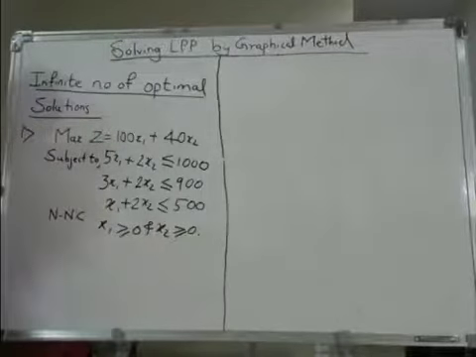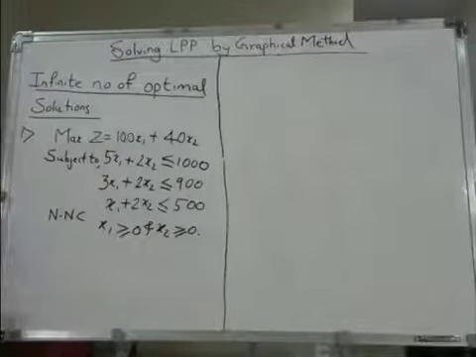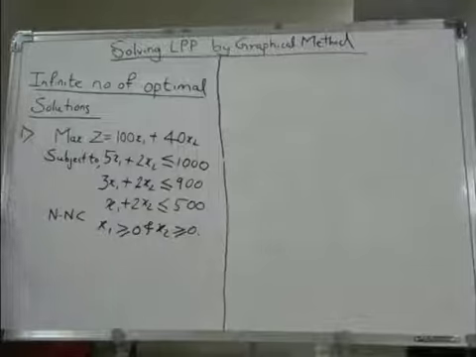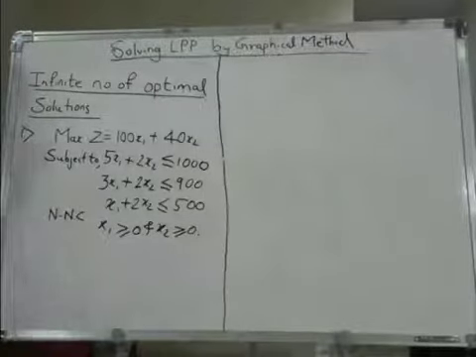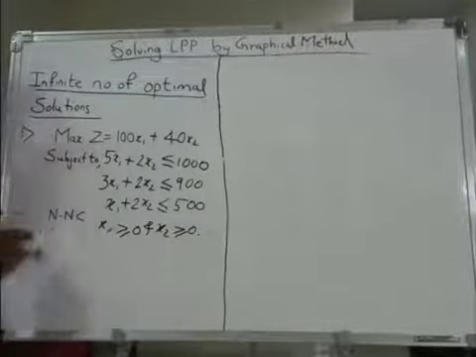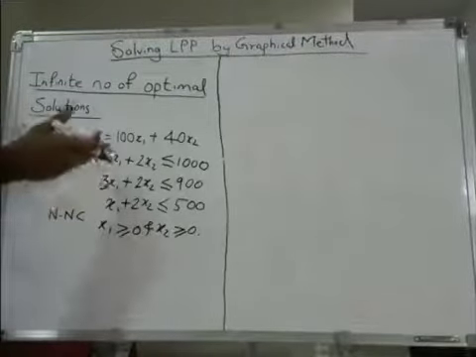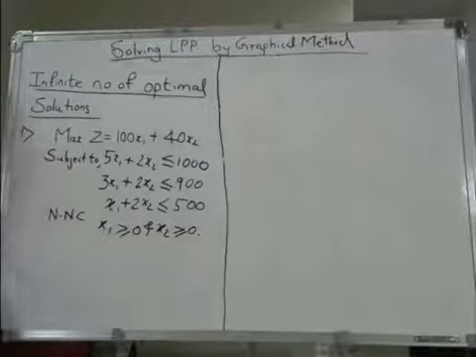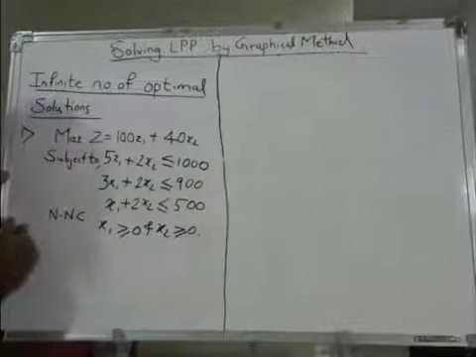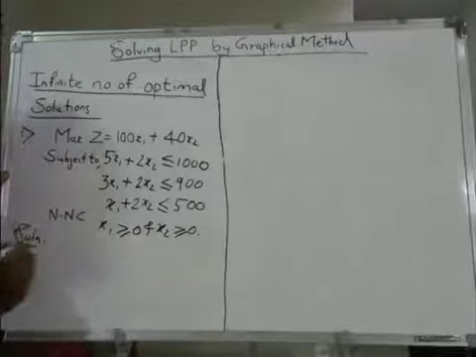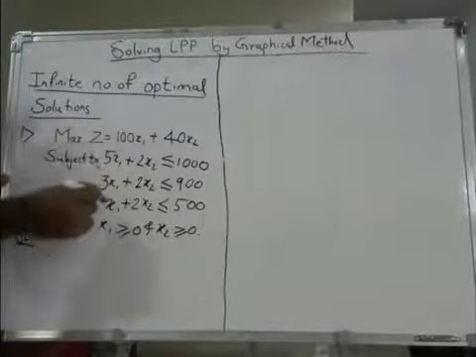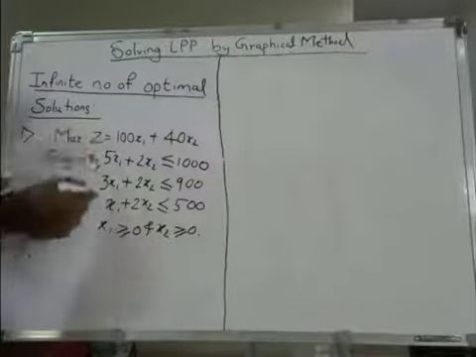I'll directly write the coordinates because in our previous videos we have seen how to get them. If you don't know how to get the coordinates for these inequalities, watch our previous videos. Solution. There are 3 constraints here, 3 equations.